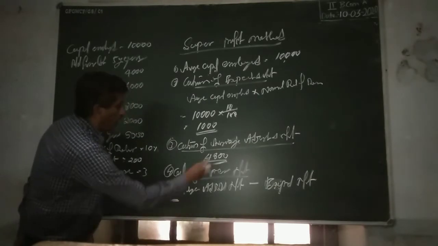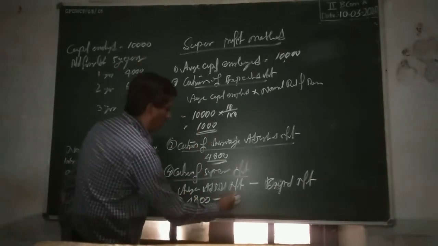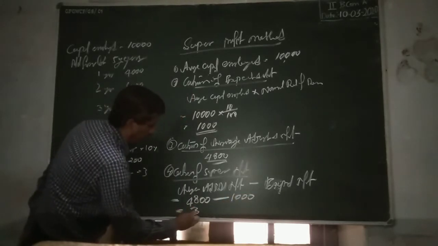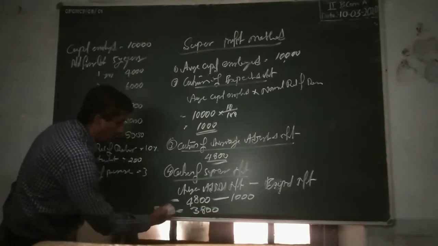So average profit we found as 4,800 minus expected profit 1,000 should be 3,800 as super profit.